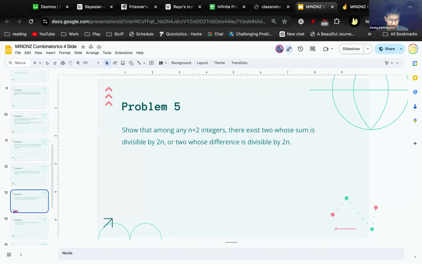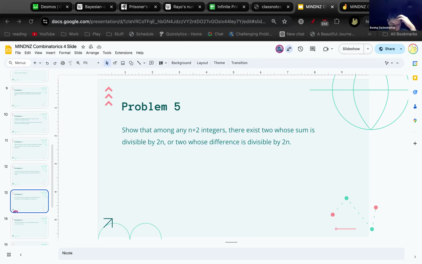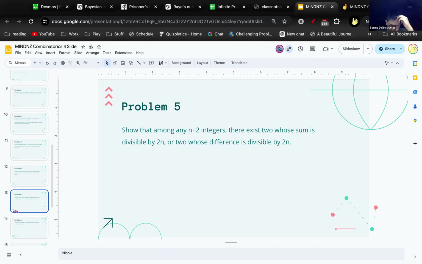Now the first is 2 pigeonholes, and this is a total of n minus 1 pigeonholes. And note that we have n plus 2 numbers total. So 2 numbers must be in the same pigeonhole. Okay, but look, if 2 numbers are in the same pigeonhole, then 1 plus 2n minus 1 is equal to 2n, so it's 0 mod 2n.